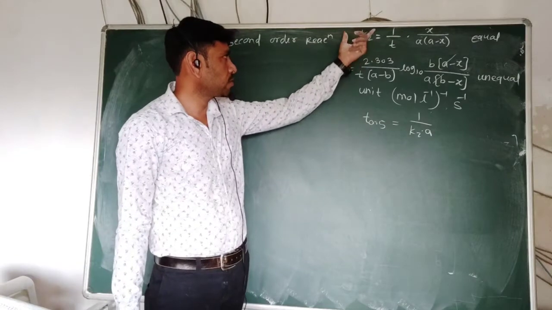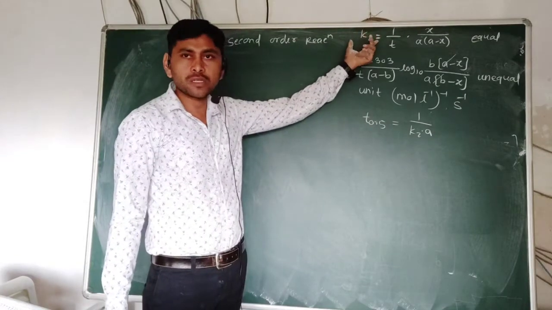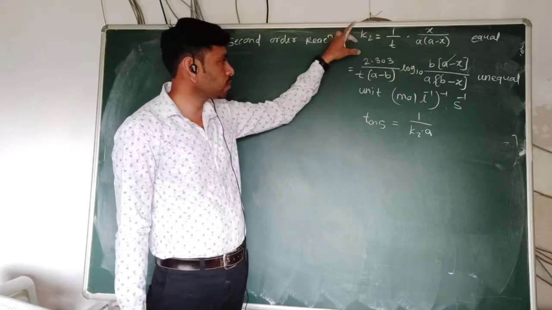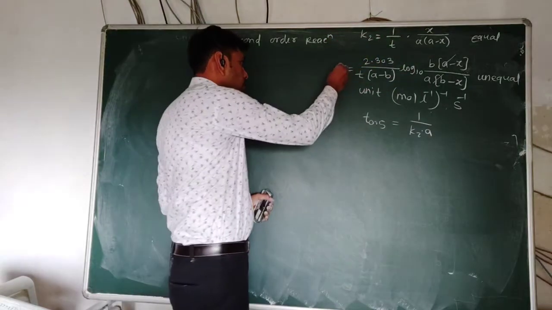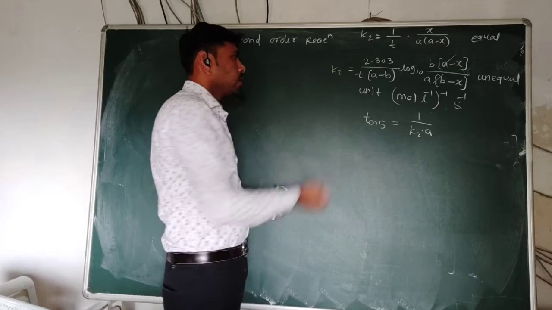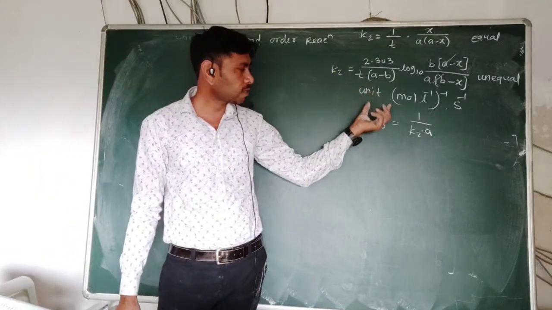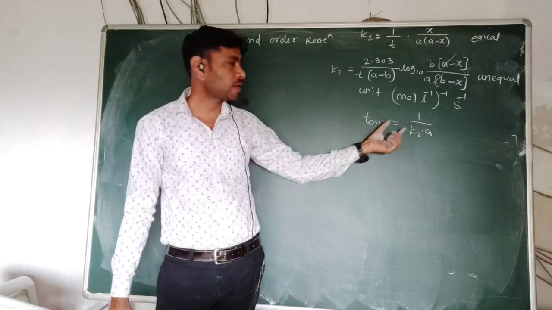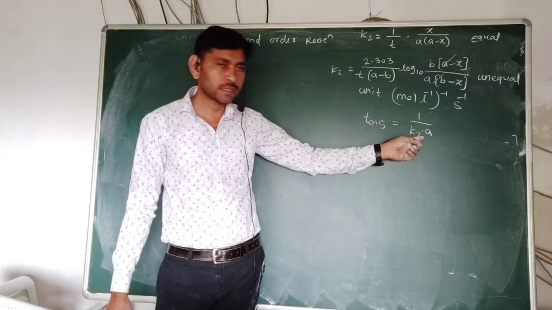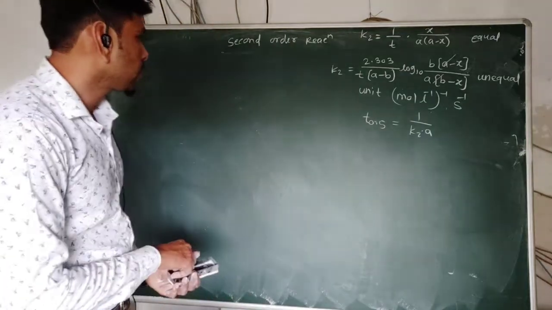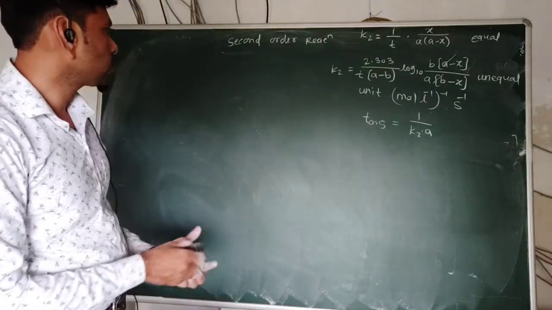We have discussed the rate constant for equal initial concentration, this is the rate constant for unequal initial concentration, this is the unit of the second order reaction, and this is the half lifetime of second order reaction, which depends on initial concentration of reactant.